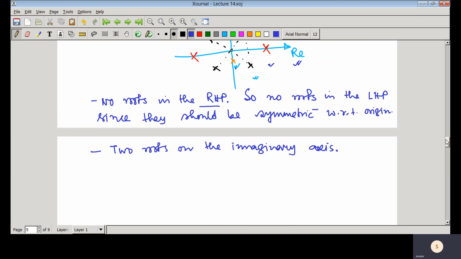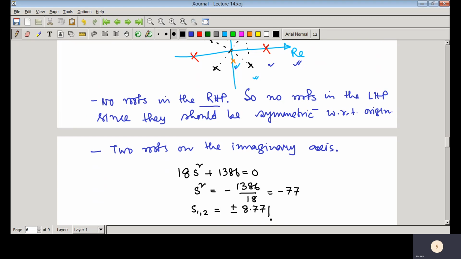And here, if we just take that auxiliary polynomial, that is 18s square plus 1386 equal to 0, then we can find that s square equals minus 1386 divided by 18, that is minus 77, and you have two roots, that is plus minus 8.77j.